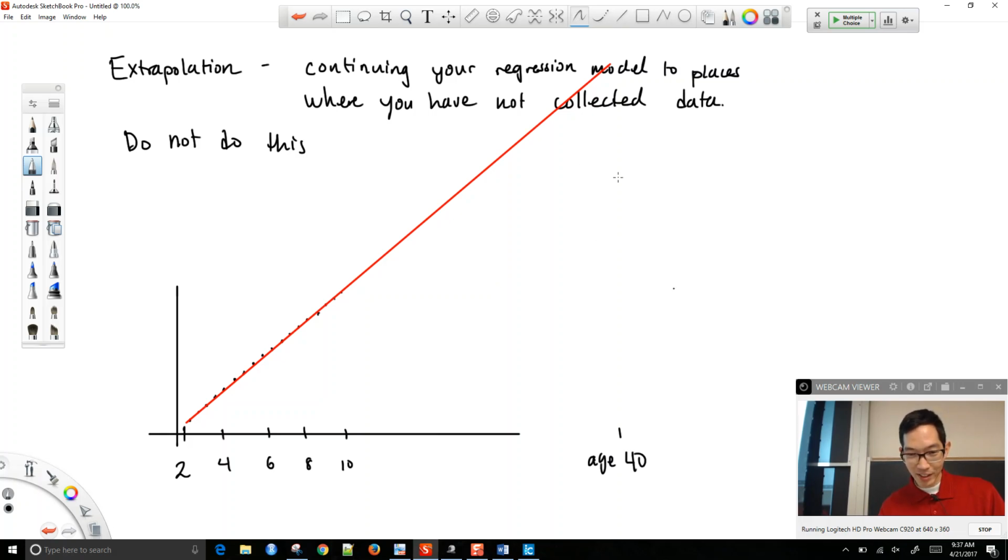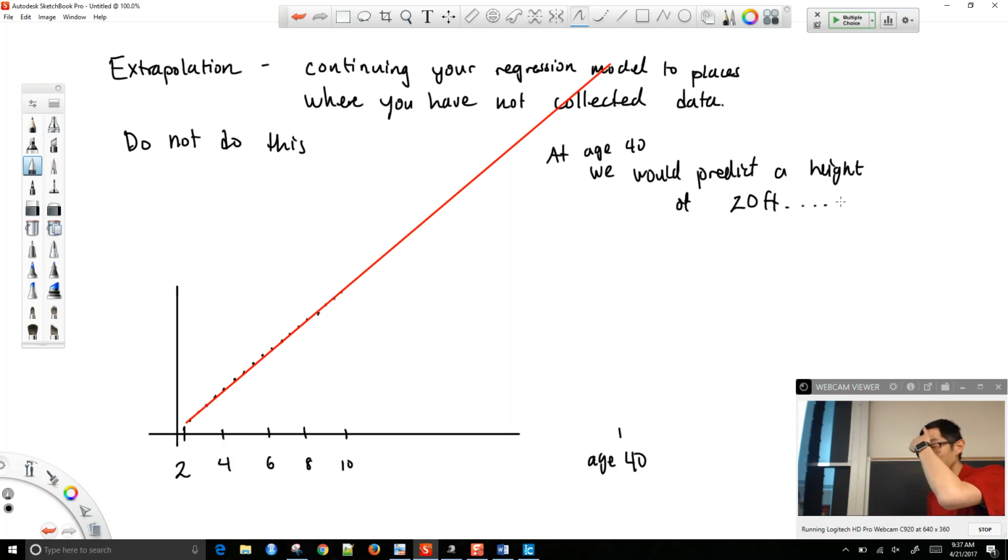So at age 40, we would predict a height of something ridiculous, right? I don't know, 20 feet or something. I'm just making that up. And we would say that that's stupid. Don't do that.